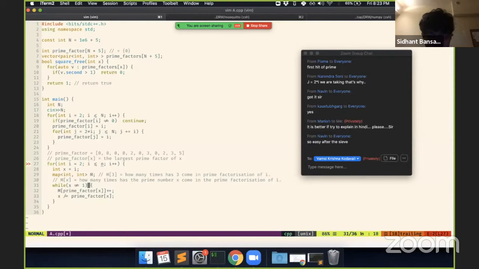So until x becomes 1, while x is not equal to 1, we take the prime factor of x and increment its frequency, and divide x by its prime factor, and just keep on doing this.